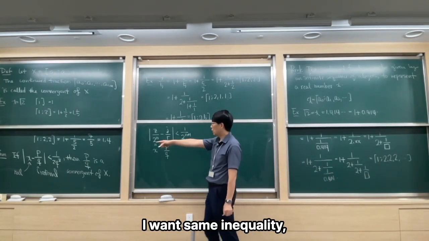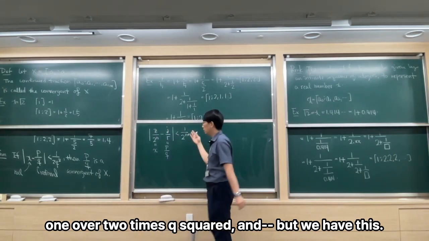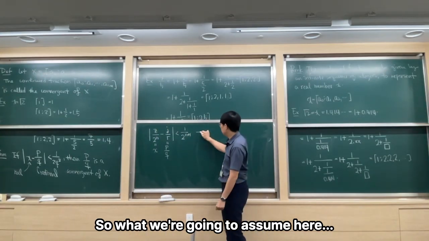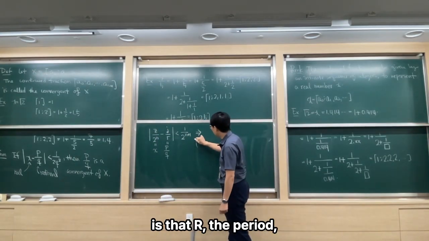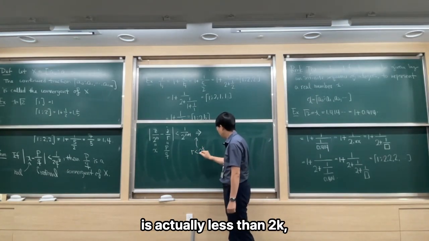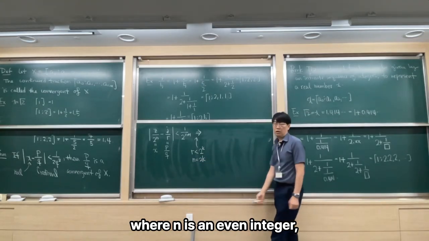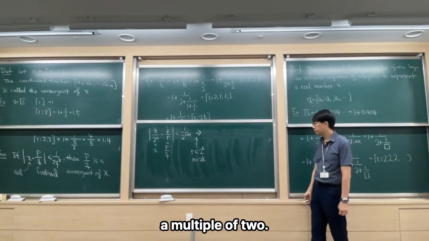I want the same inequality, 1 over 2 times q squared, but we have this. So what we're going to assume here is that r, the period, is actually less than 2^k, where n is an even integer, a multiple of 2.